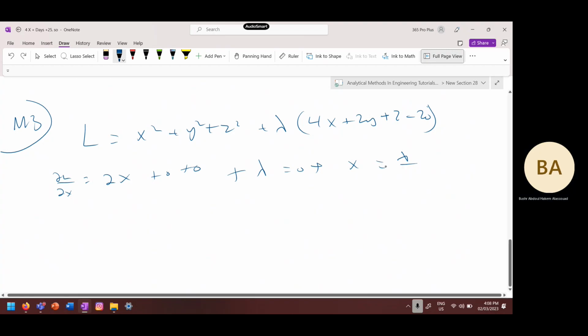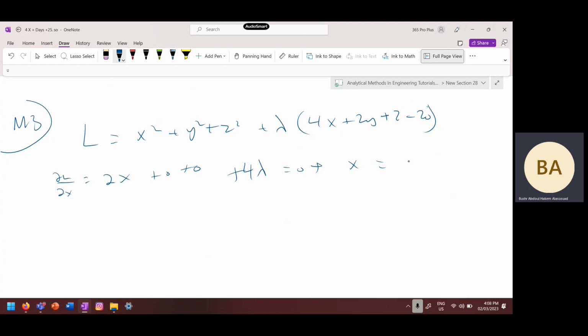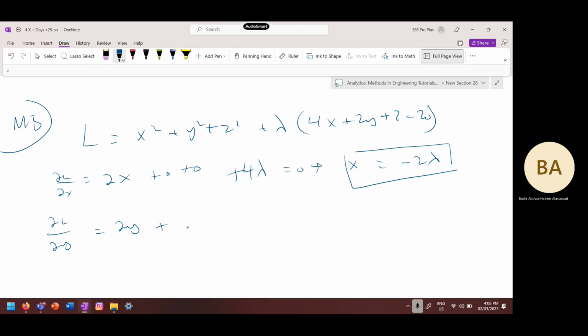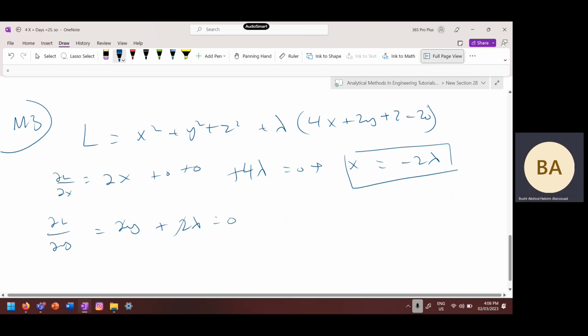Okay. So the differentiation with respect to x is going to give 4 lambda, which will have negative 2 lambda as x. Okay, so partial L over partial y, you have 2y plus 2 lambda equal to 0.